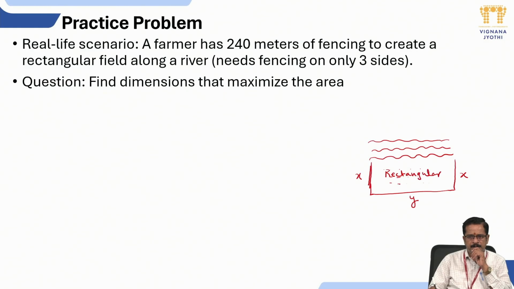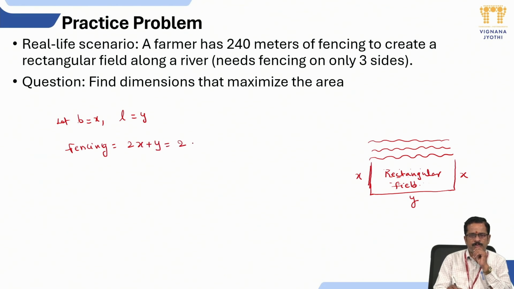Taking breadth x and length y, the fencing covers 3 sides, so 2 breadths plus 1 length. He has 240 meters of fencing, so y equals 240 minus 2x.